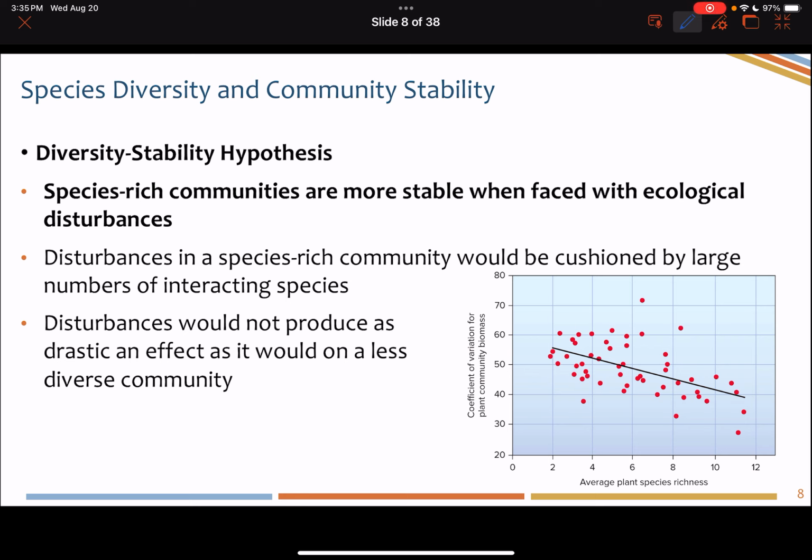And then on the side, we have what we call the coefficient of variation for plant community biomass. So basically what this means is that as we have more richness over here, our biomass variation is actually going to decrease.